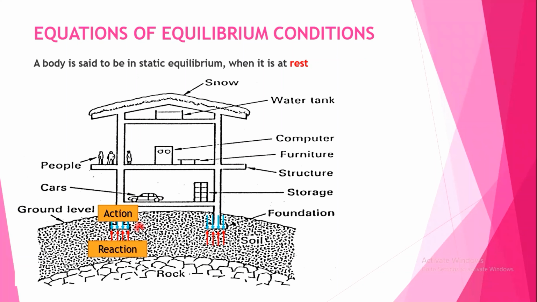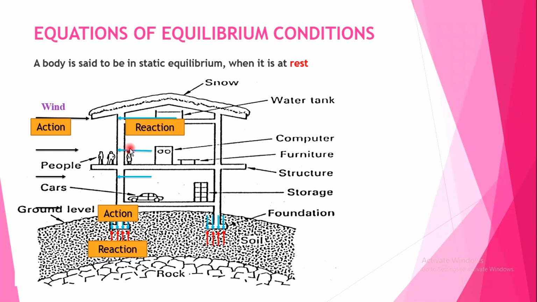Other than these vertical forces, the building is subjected to horizontal force also. If the building height is large, wind is also one of the important factors considered for the design. Here the wind is considered as action. It is moving in the horizontal direction, but the structure will not move. It will be in the rest condition.